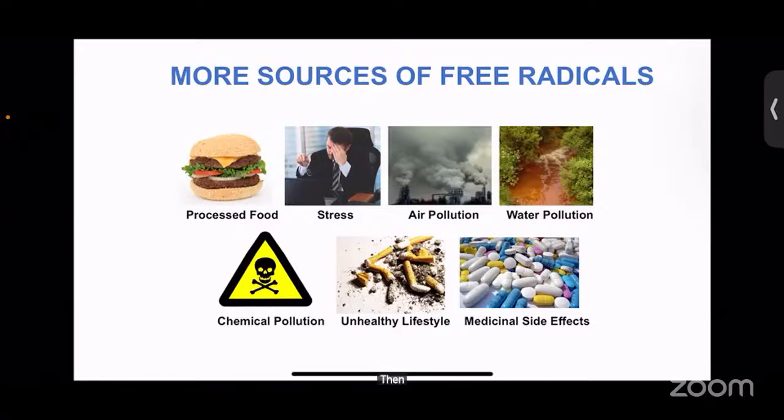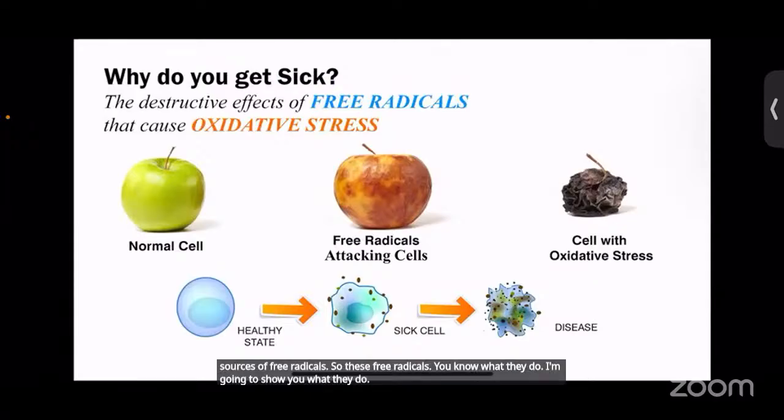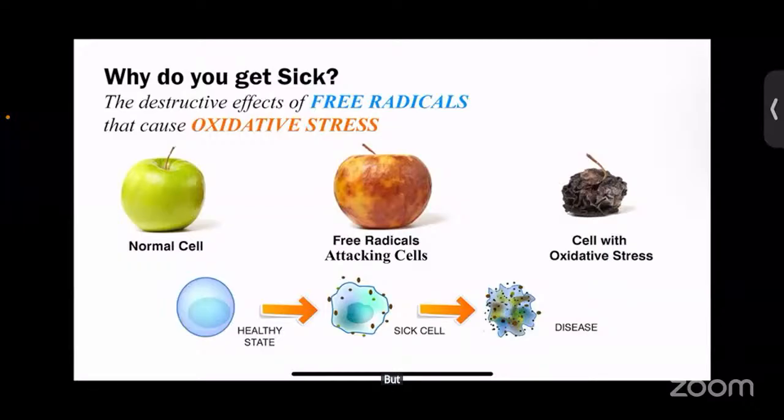Then we have stress, air pollution, water pollution, chemical pollution, unhealthy lifestyle, medicinal side effects. All these are sources of free radicals. You know what they do? I'm going to show you, but they are the reason why we get sick.